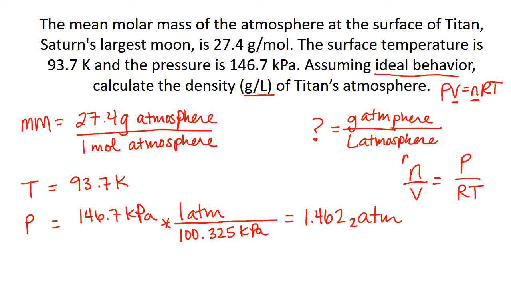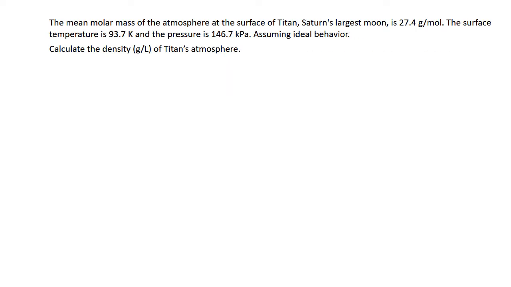And if I have moles per liter, I can use the molar mass to convert from moles to grams. Okay, so that's my plan: use PV equals nRT in this arrangement to get moles per liter, and then use the molar mass to go from moles to grams. Now I'm going to go on the next slide and use the numbers that I calculated in this formula.